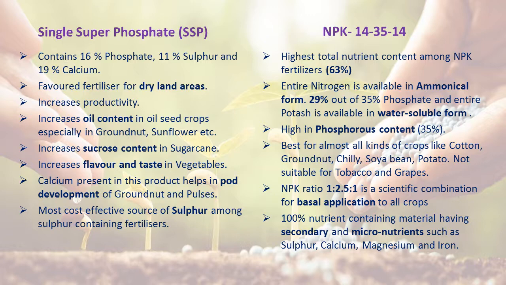It increases the sucrose content in sugarcane, increases the flavour and taste in vegetables, and due to the calcium present in this product, the pod development of groundnut and pulses increases, and it is the most effective source of sulfur among the sulfur containing fertilizers.